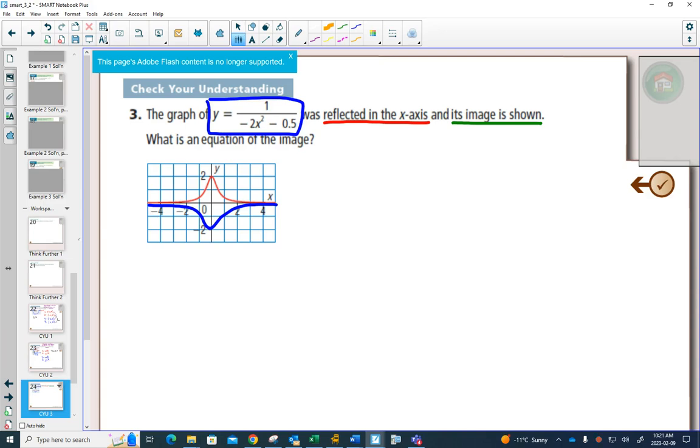That means my y values are changing. That would mean that if I wrote this in function notation, the negative would be outside in front of the function.